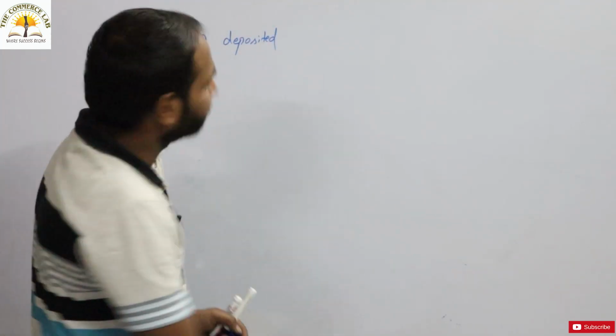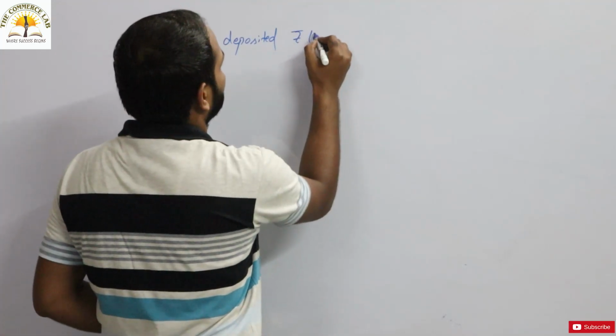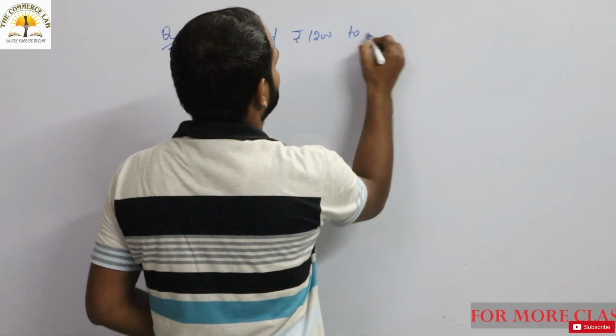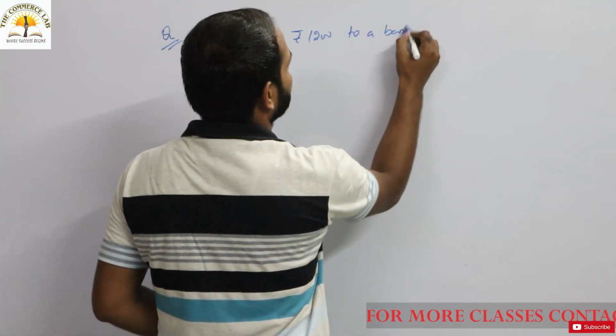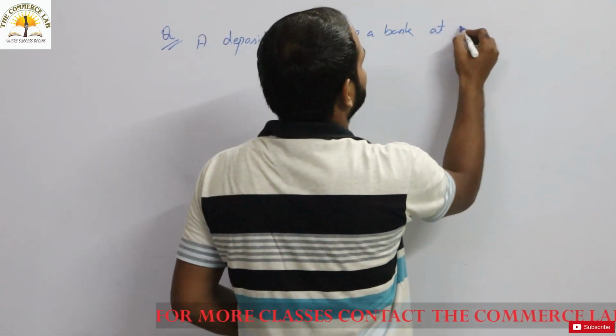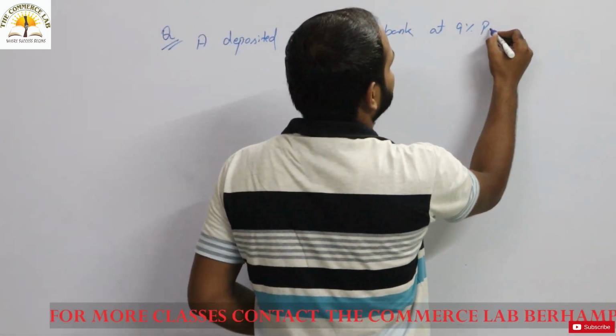A deposited 1200 rupees to a bank at 9% per annum.